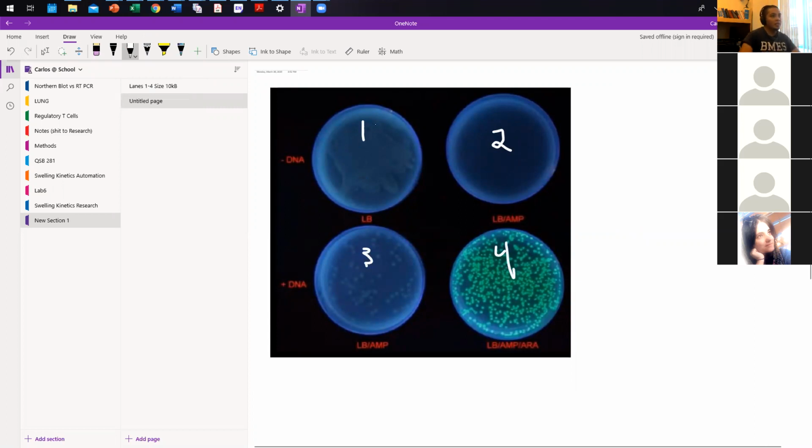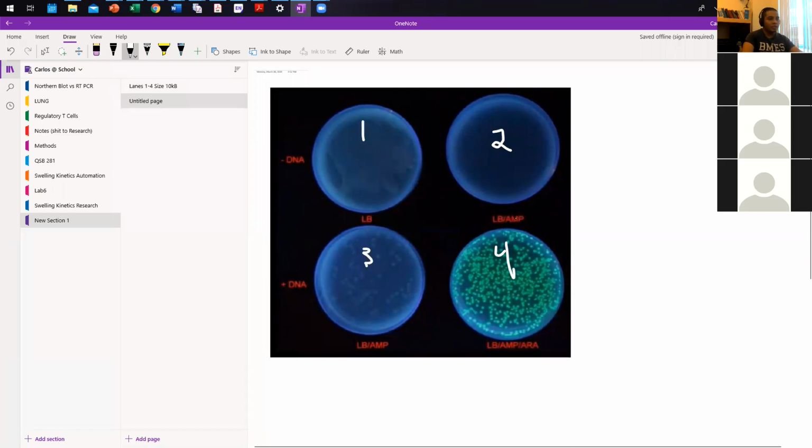So then how I was saying, this plate has no ampicillin, just the broth and E. coli, so it grows. So no plasmid. This one also has no plasmid, but it does have ampicillin. So without the plasmid, it cannot resist the ampicillin. So the antibiotic ampicillin will kill the E. coli.